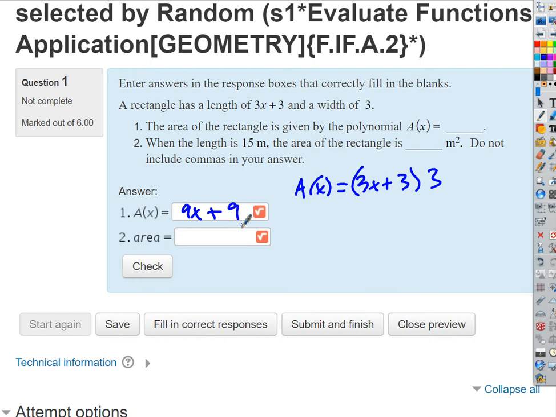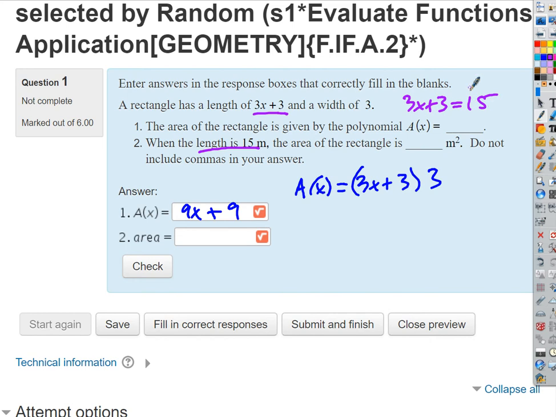Okay, but we've got to figure out what x value goes with that statement. If we're saying that the length is 15, how am I going to figure out what the x value is that goes with that? This is kind of tricky. 3x plus 3 equals 15. There you go. Good, because here's the length, it's 3x plus 3. So if we set 3x plus 3 equal to 15 and solve for x, I would subtract 3.